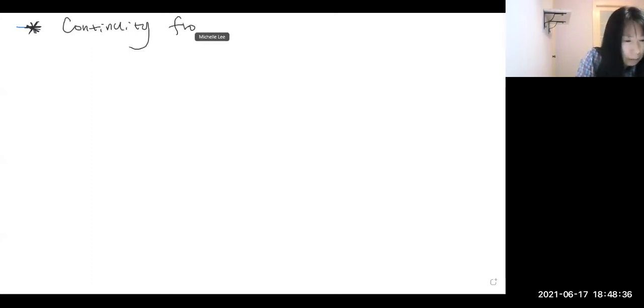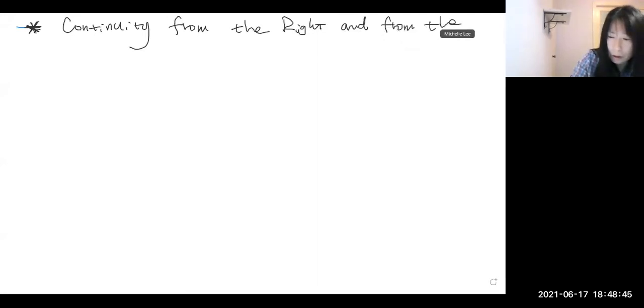So, endpoint continuity. Let me write down: continuity from the right and from the left.